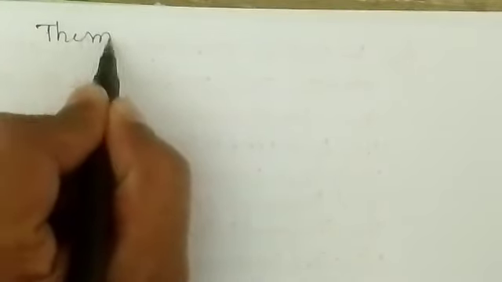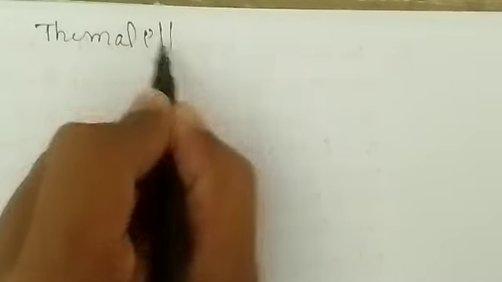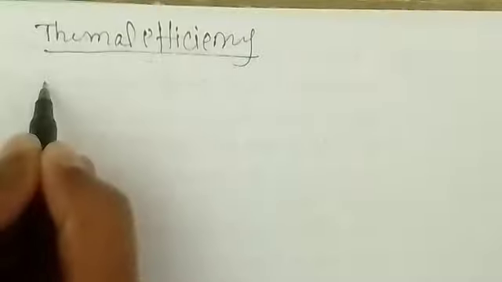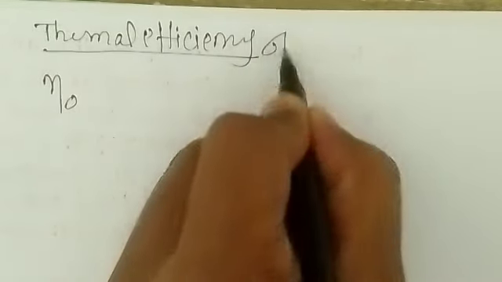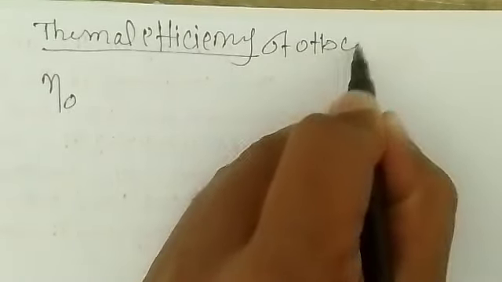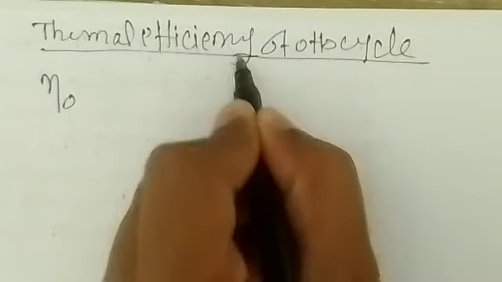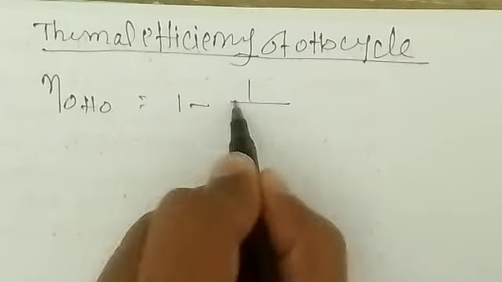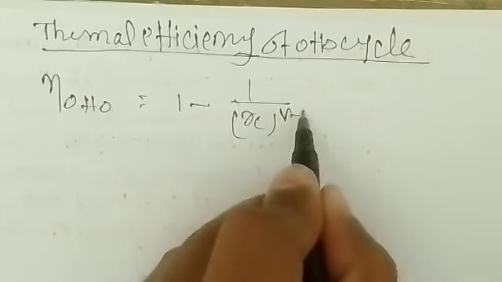So first we'll calculate the thermal efficiency. Thermal efficiency of Otto cycle, eta Otto, is equal to 1 minus 1 by RC whole power gamma minus 1.